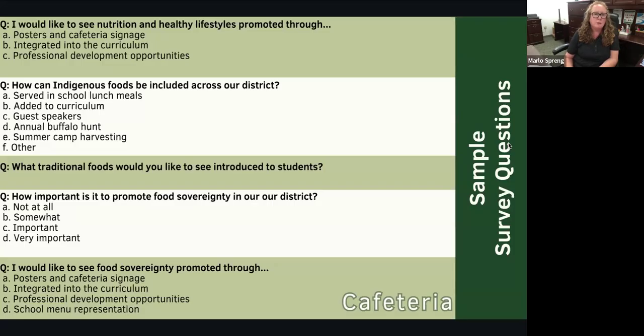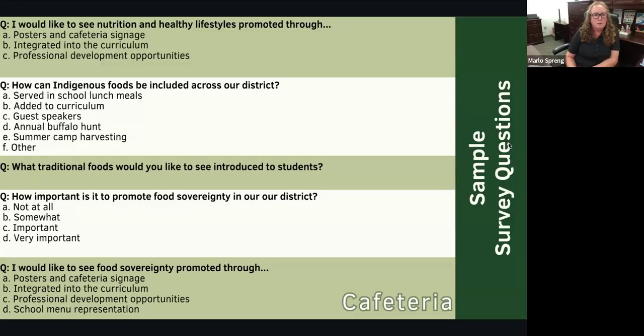How would they like to see their culture represented in schools? How can Indigenous foods be included across our district? Served in the school lunch meals, added to curriculum, guest speakers, annual buffalo hunt, summer camp harvesting. Those were all ideas we had, and we got to gauge people's opinions and what they would like.